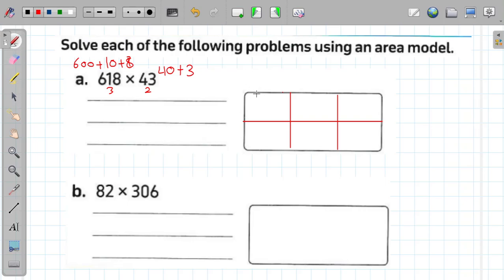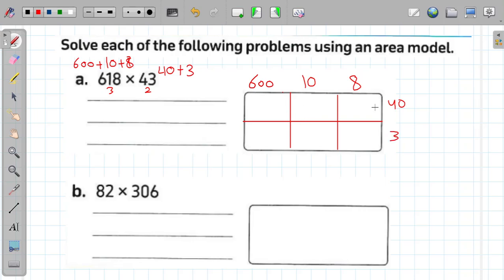Okay. So the first number here is 618. So I will expand it like this. I have 600 and 10 and 8. And here I have 40 and 3.